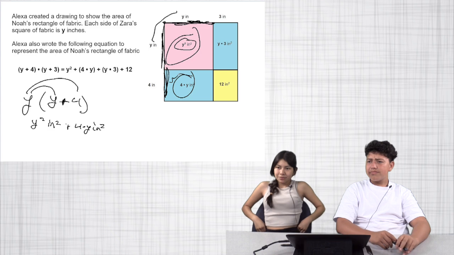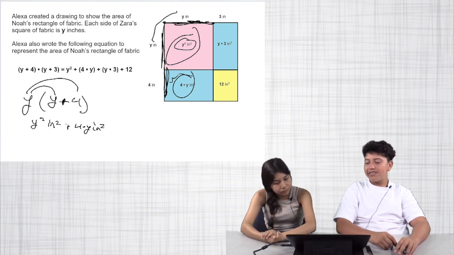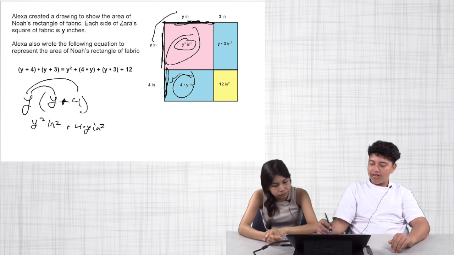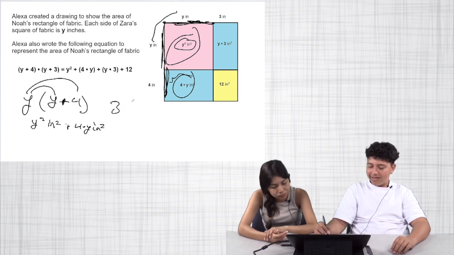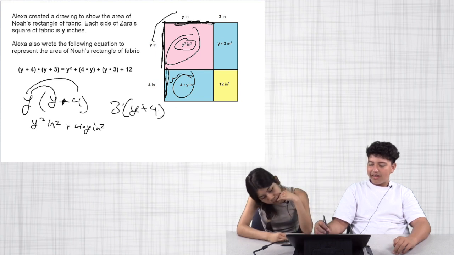Could you use distribution again and get the areas you're missing? Because you're missing a blue and yellow. I think you could do that. Okay. Try. By the same thing, we could do it by the same thing. 3 times y plus 4. How do you see those in your drawing?